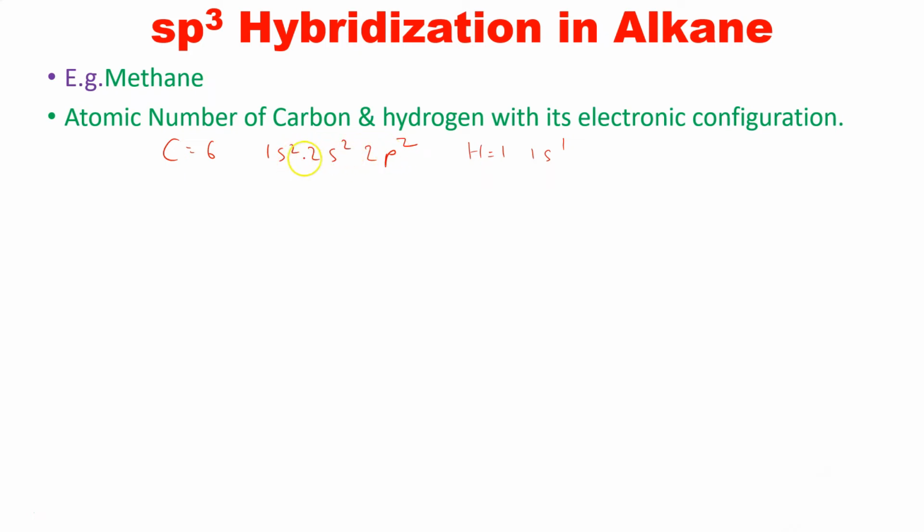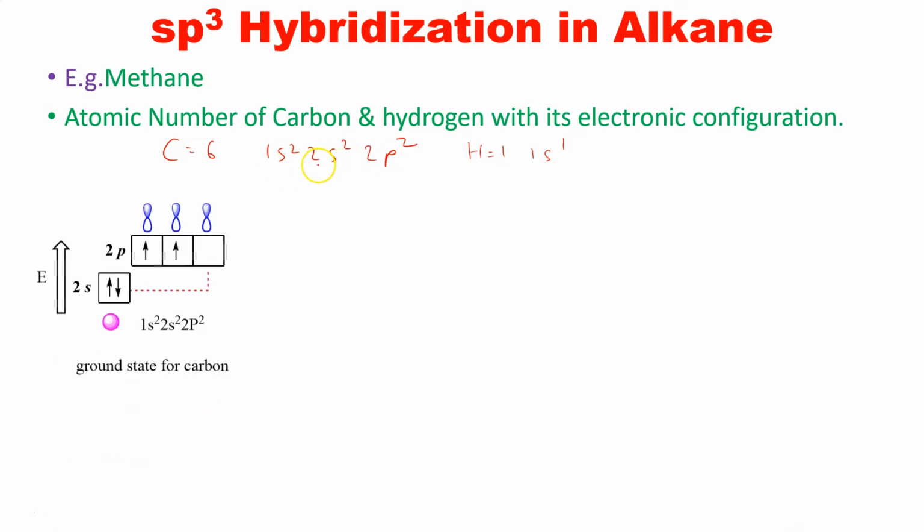Carbon has 6 electrons, so the 6 electrons are filled as per the energy levels of the orbitals. I have written the electron configuration over here. We will not deal with the 1s2, because when it is an octet, that octet has to be completed.